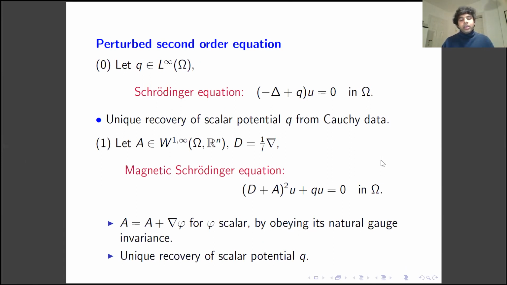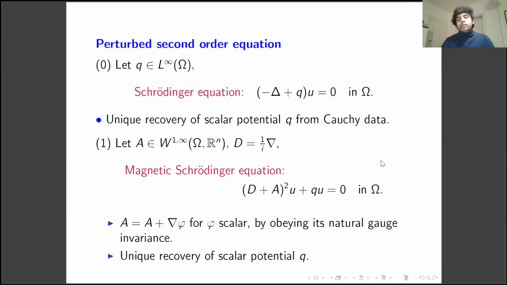That means if I have 2 fields A1 and A2, I can recover A1 minus A2 only up to some grad phi, where phi is a scalar function. We can always say that the curl of A1 equals the curl of A2, but we cannot determine A1 equals A2.